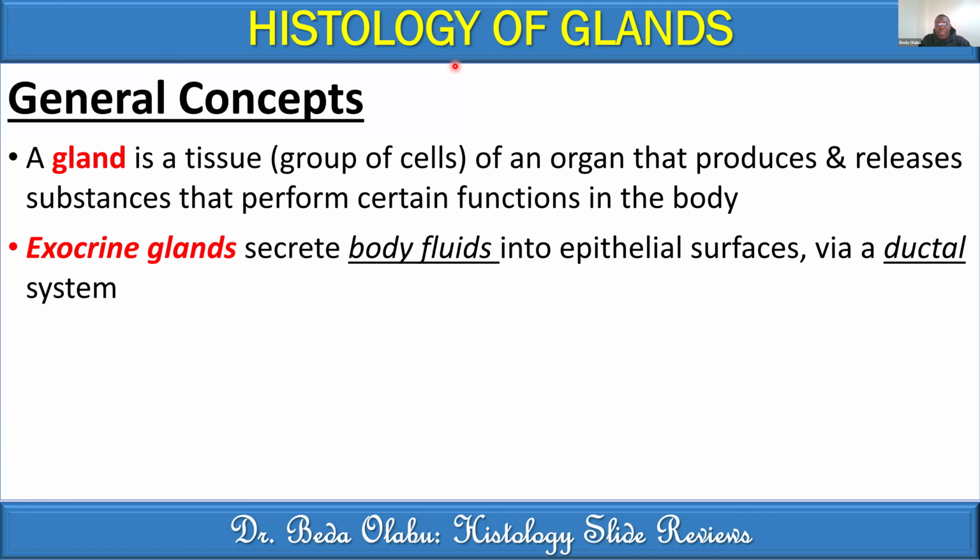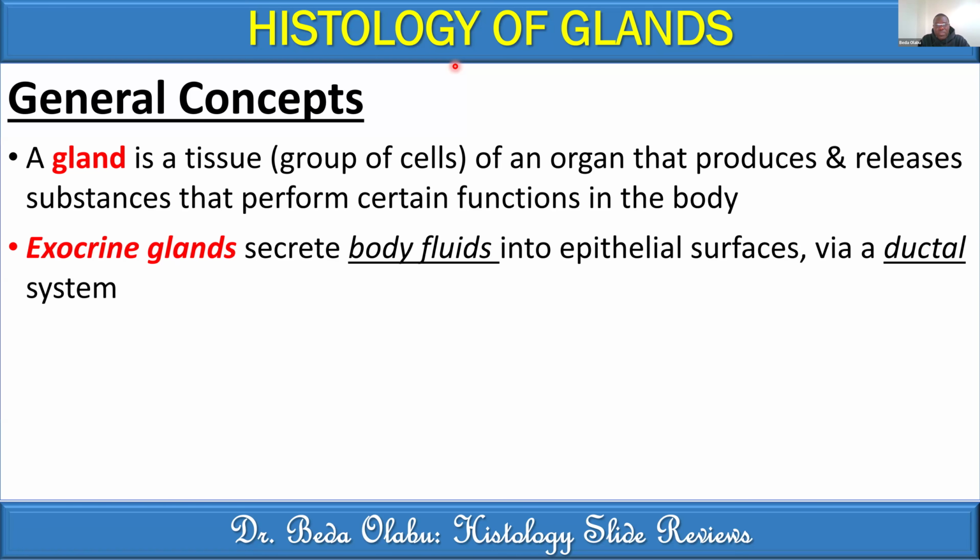A gland can be exocrine or endocrine. If a gland is exocrine, it means it produces secretions which are fluid in nature. Such fluids will be released via ductal system. There's usually a system of ducts that will receive these secretions, and these ducts channel these secretions onto epithelial surfaces.